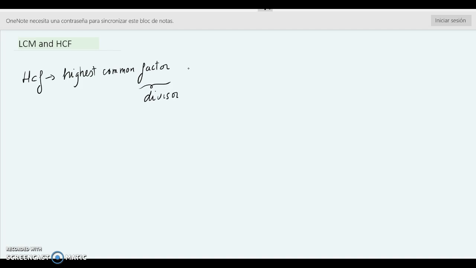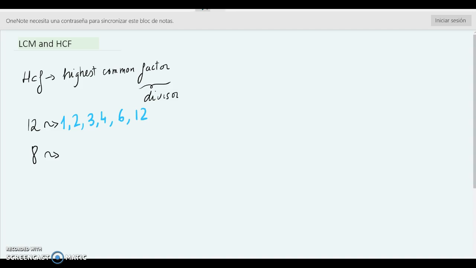So let's see an example with the numbers 12 and 8. In first place, we are going to look for the factors or divisors for 12. The first ones are 1, 2, 3, 4, 6, and 12.